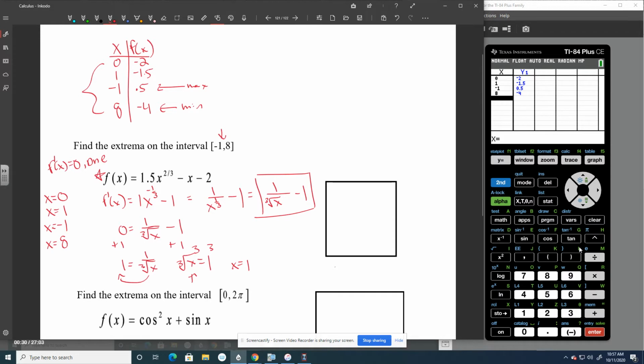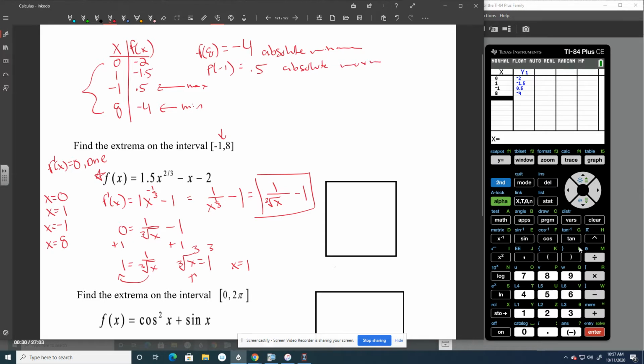Now remember, the AP test doesn't pull information from a table. You can't just give them this table. You have to say f of 8 is equal to -4, and that's my absolute minimum. And f of -1 is equal to 0.5, and that's my absolute maximum.